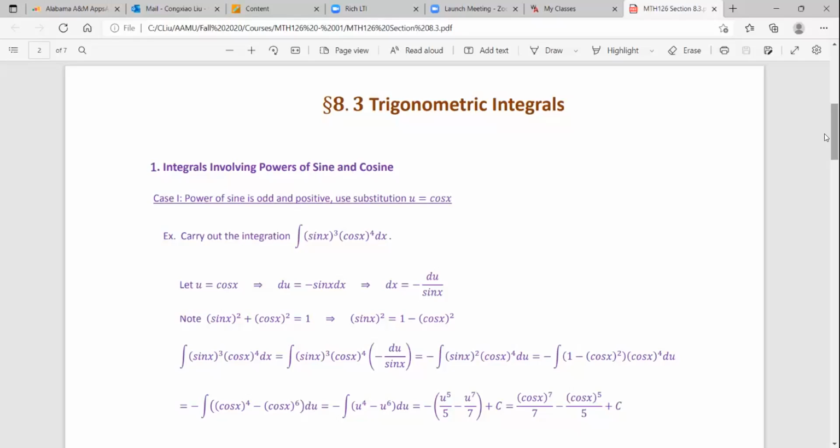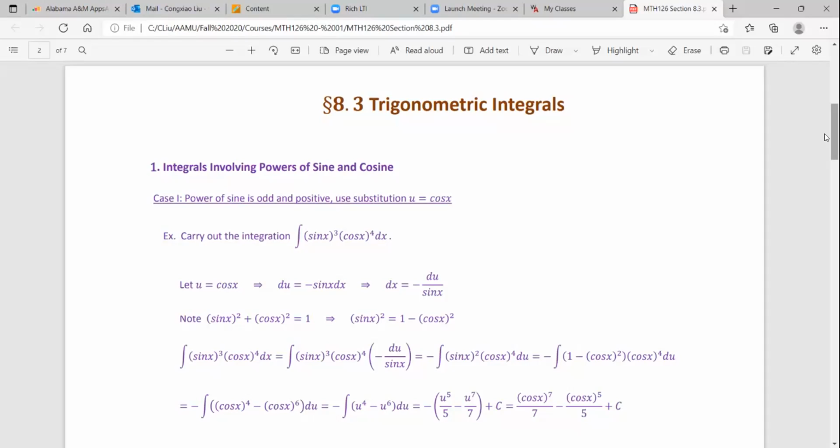So we get u to the 5 over 5. Remember, you just add 1 to the exponent and divide by the same number when you integrate a power function. That's the first term, and the other term will be minus u to the 7 over 7 using the same rule, and then plus c.